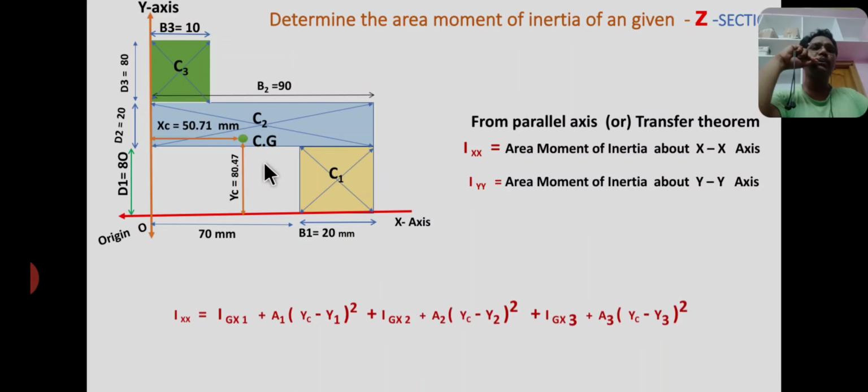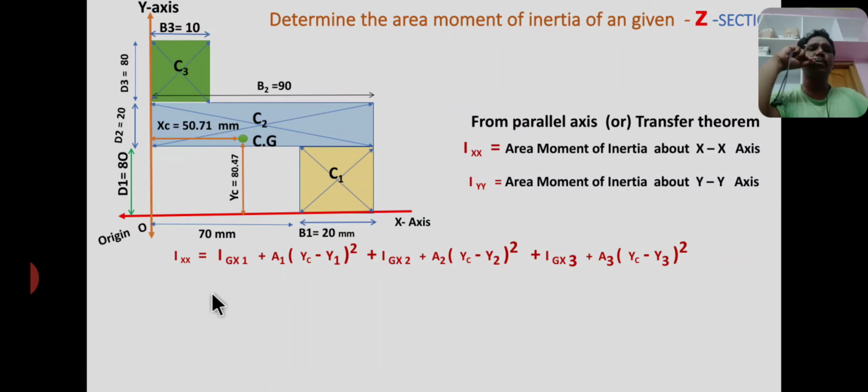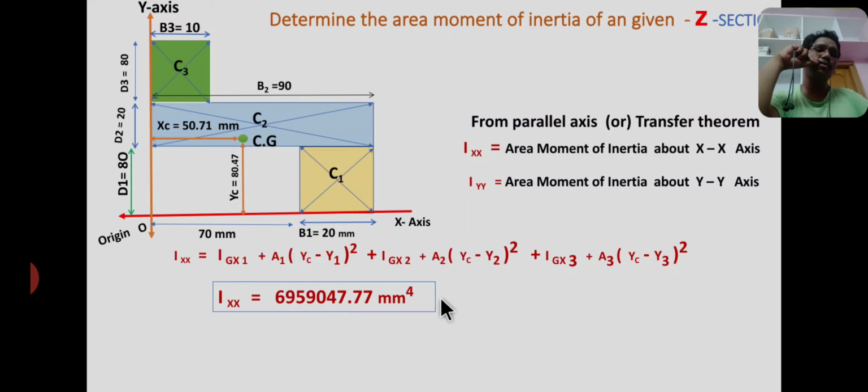Ixx equals Igx1 plus A1 into (Yc minus Y1) whole square, plus Igx2 plus Area 2 into (Yc minus Y2) whole square, plus Igx3 plus Area 3 into (Yc minus Y3) whole square. And the final answer is Ixx equal to 6959047.77 mm power 4. This is the value of area moment of inertia about the reference base axis.